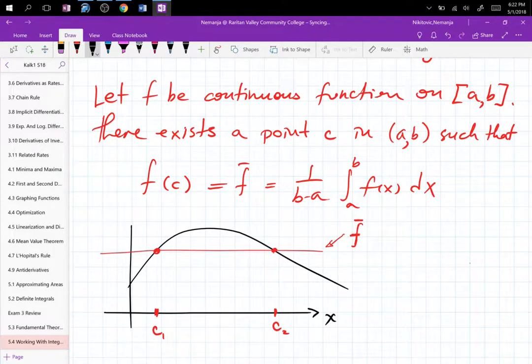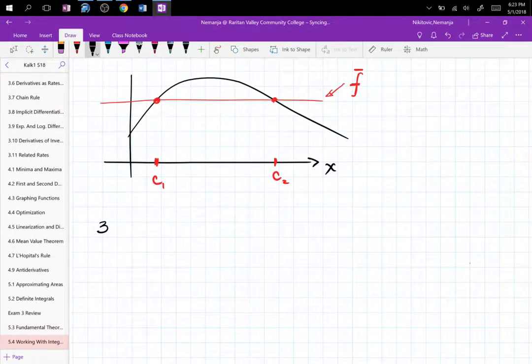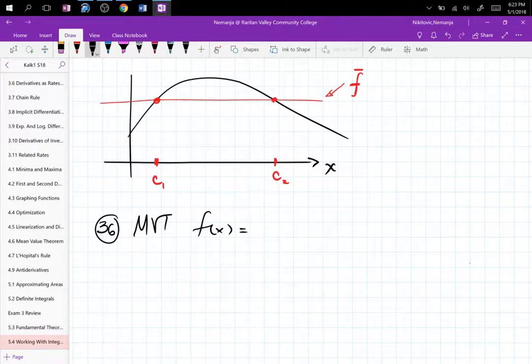So let's compute the mean value theorem for this. I want to do 2 examples. We already had the trig example, so let's use e to the x and the other one. So let's go with the 36 first. Do the mean value theorem for f of x equals e to the x on 0, 2.